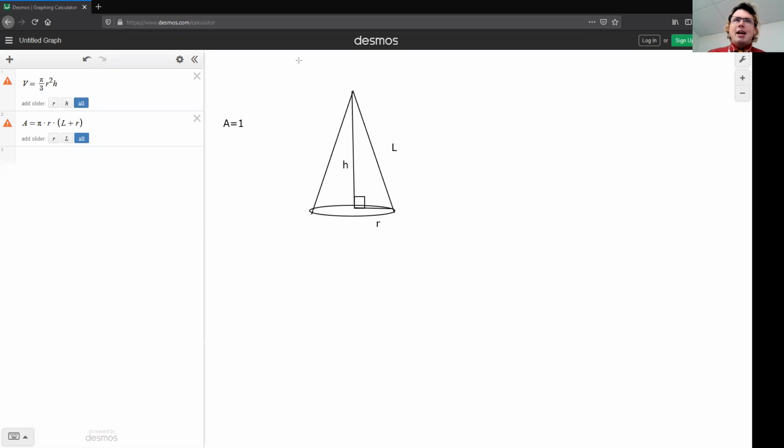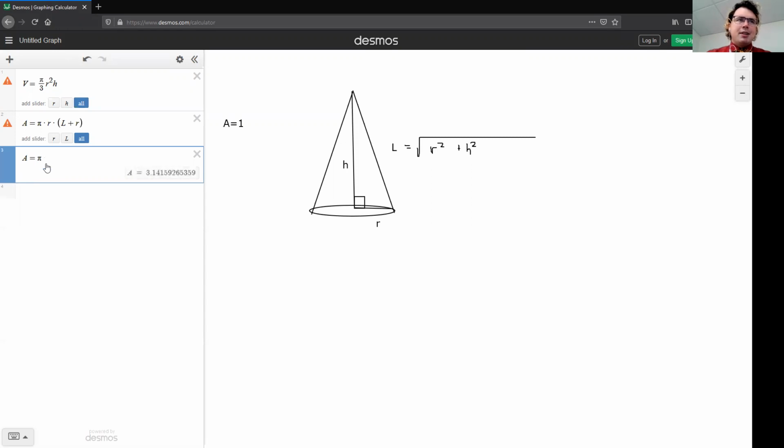The hypotenuse has length L. So L is actually the square root of r squared plus h squared. And I can use this information to get rid of at least one of those variables. My goal here is to have a formula that's just a function of a single variable, and then use the derivative to perform my optimization tests.